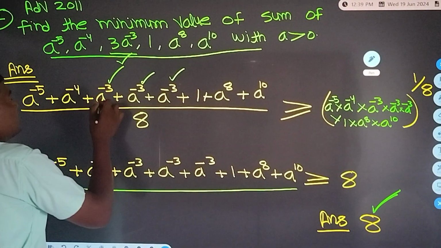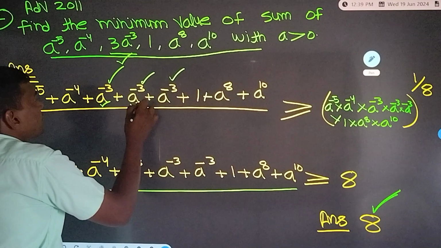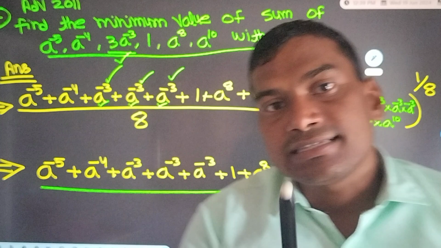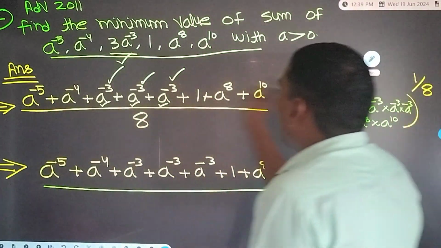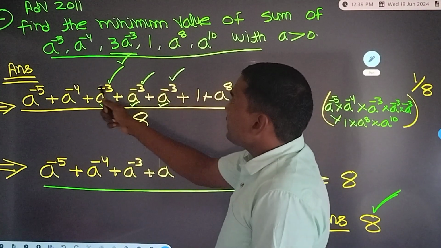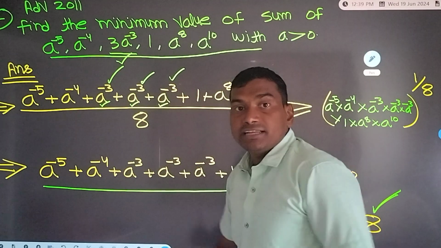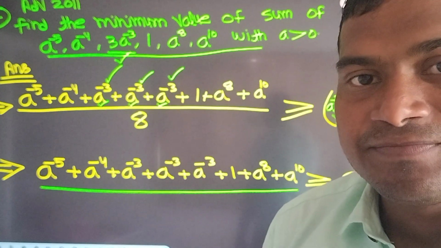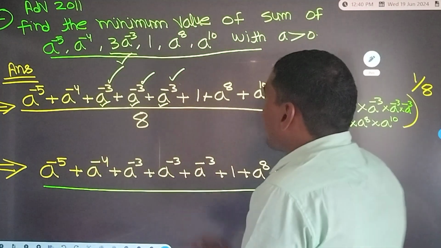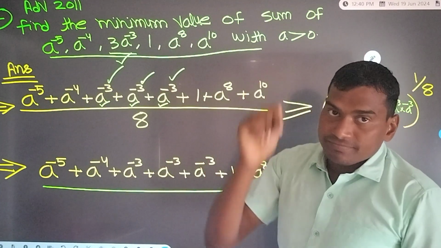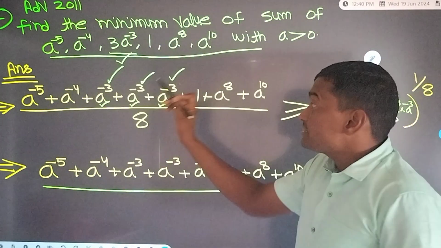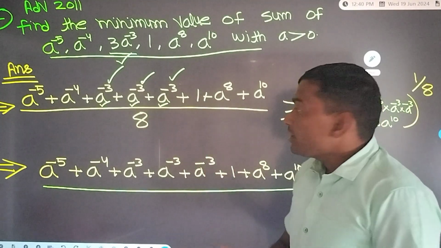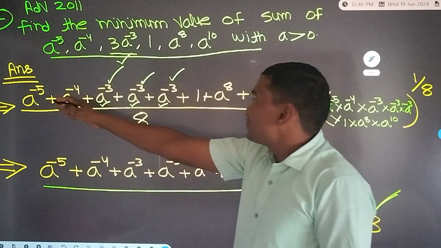If we write it as a power minus 3, a power minus 3, a power minus 3, then you will see when we multiply all, we will get 18 minus 18, 0. Right? So this 3 into a power minus 3, we are not counting as one term. We are counting as 3 terms. First term, second term. Now count the total number of numbers: 3 into 5 and 3, 8.